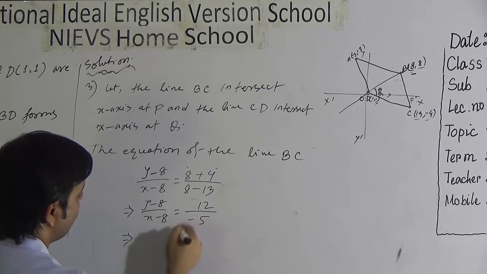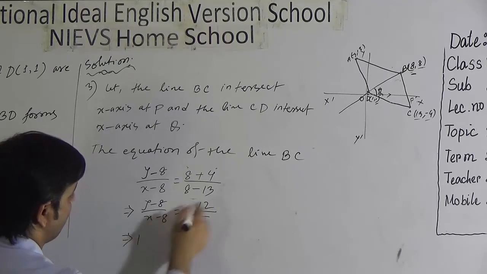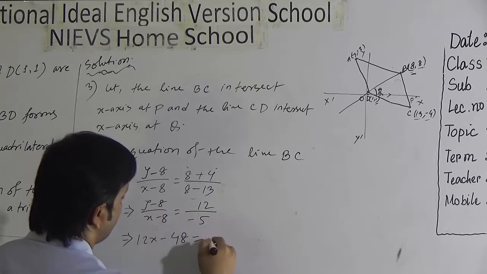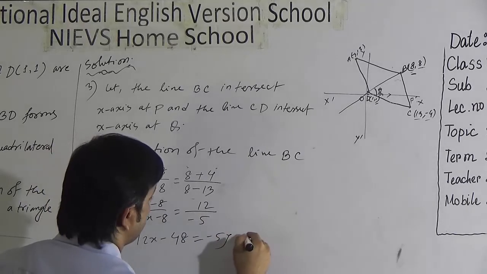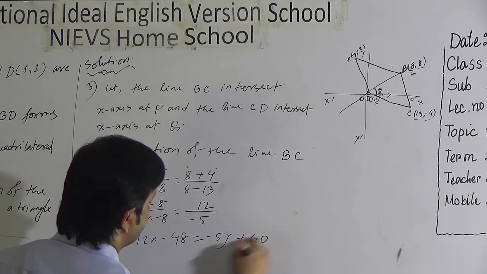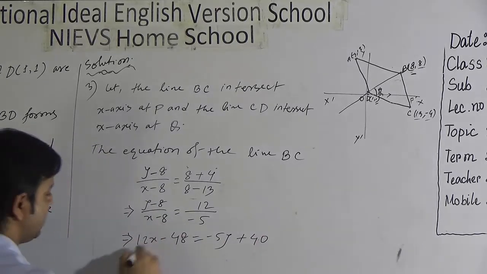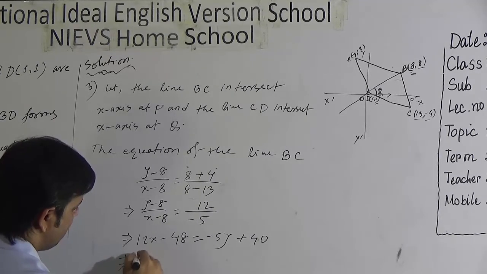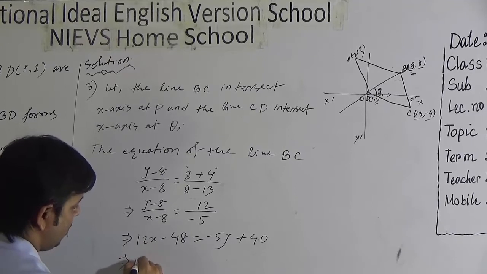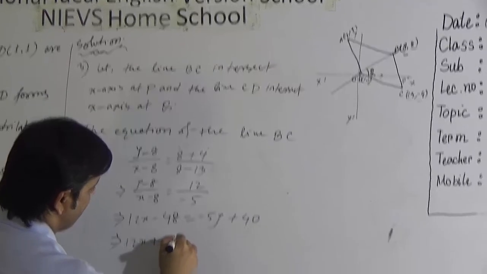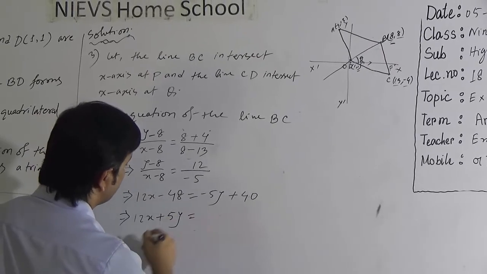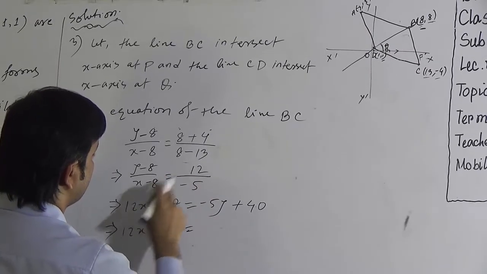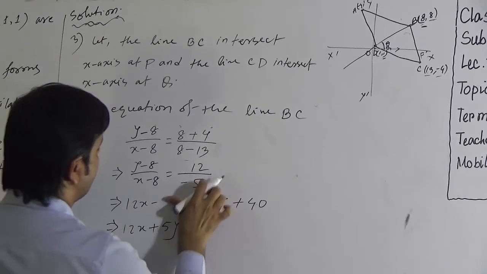If we do the cross multiplication, 12x minus 48 will be equal to minus 5y plus 40. That implies 12x plus 5y is equal to, sorry, I have made a mistake here.